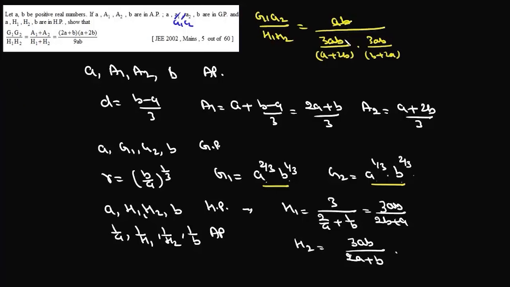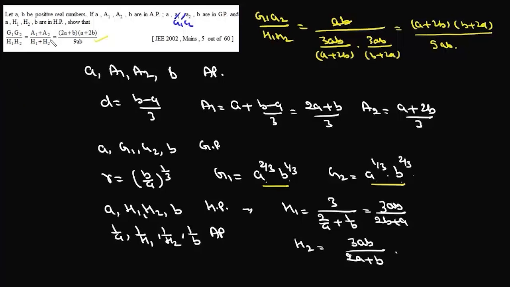Now this ab and ab will cancel, so it will be equal to a plus 2b into b plus 2a upon 9ab, which is this right hand side. Now we'll also need to prove that A1 plus A2 upon H1 plus H2 is also equal to this same result.